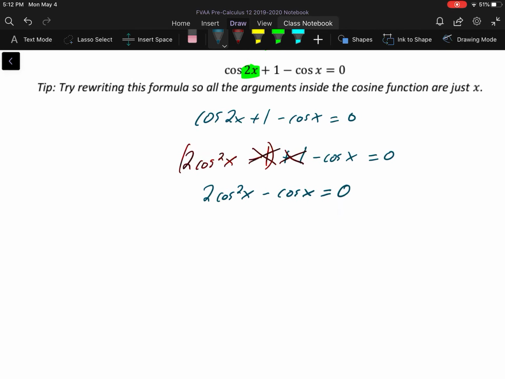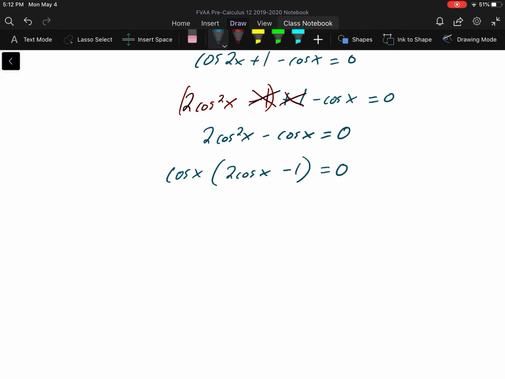So now how do I factor this? Well, here I have a greatest common factor of cos x, so I can factor it out, and I end up with cos x times 2 cos x minus 1 is equal to 0. Now these are both factored, and the product of these is equal to 0.